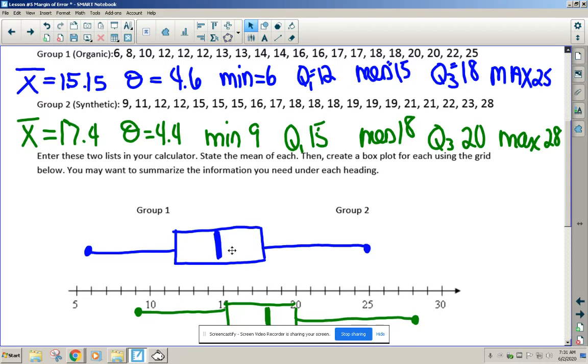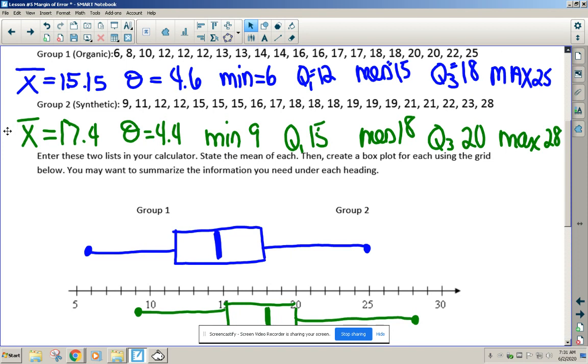But we cannot be entirely sure because some of the plants that were given organic grew more than some with the synthetic. So we still have this entire amount here that is bigger than this over here, because this is the smaller end, and we definitely have a lot of the blue that's the same or bigger than some of the green.